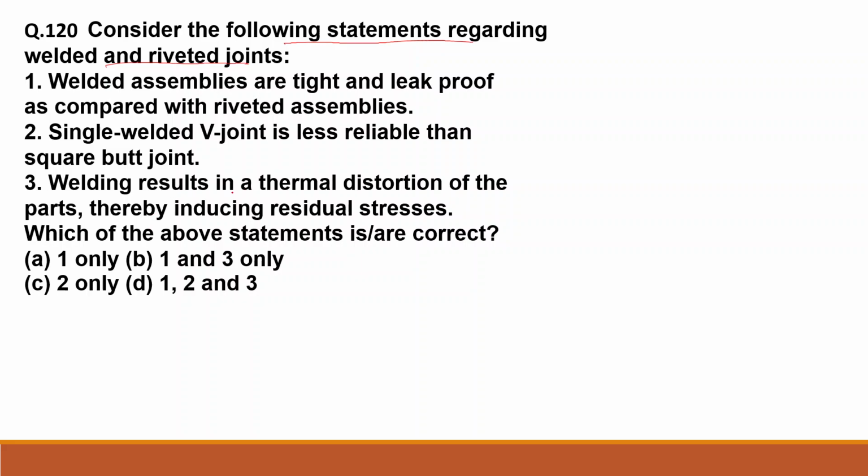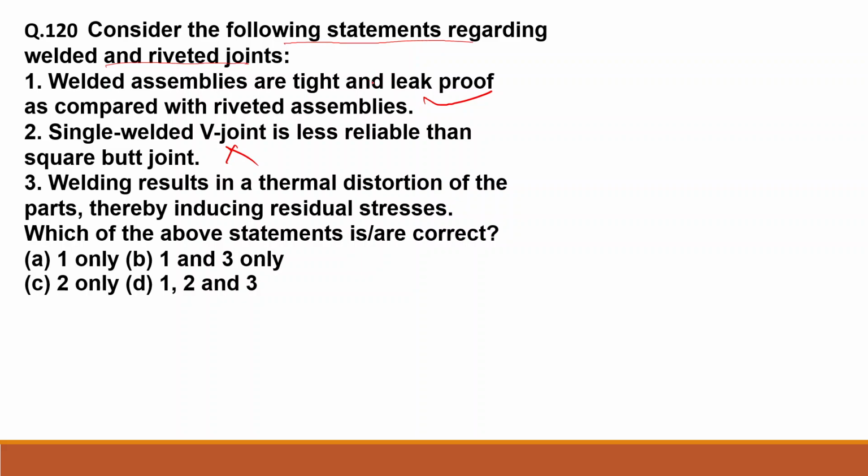First, I will tell here what options will be right. The welded assemblies are tight and leak proof as compared with the riveted assemblies. Option A is right. Okay, guys. The single welded V joint is less reliable than square butt joint. This point is wrong, because single welded V joint is more reliable.